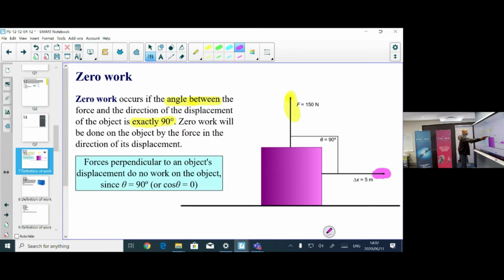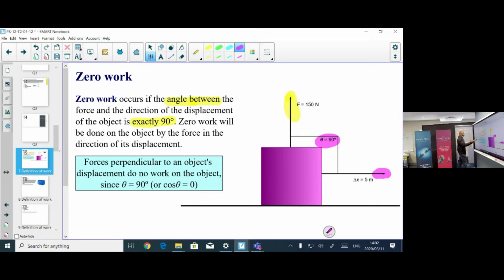If you look at the angle in the middle there, we have theta equals 90 degrees. The moment you have that, you must know that you are not going to have any work at all. Why? Cos 90 is equal to 0. So zero work will be done on the object by the force in the direction of its displacement.